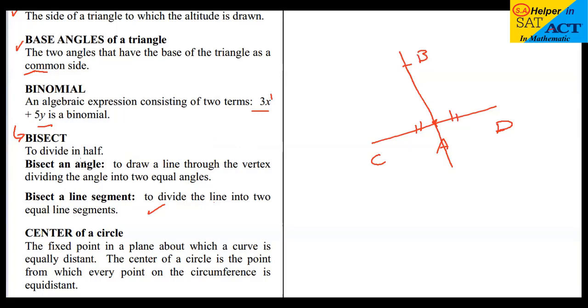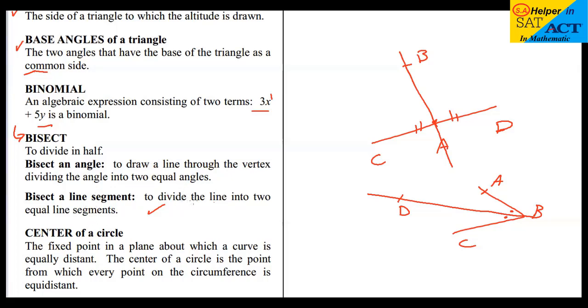It can also be a bisector of an angle, like this. The angle is called ABC. A line comes in the middle and makes two angles that are equal. This is called a bisector of an angle. DB is the angle bisector of the angle. Let's read the definitions quickly. Bisect an angle: to draw a line segment, or a line, or a ray, or a straight line through the vertex dividing the angle into two equal angles.